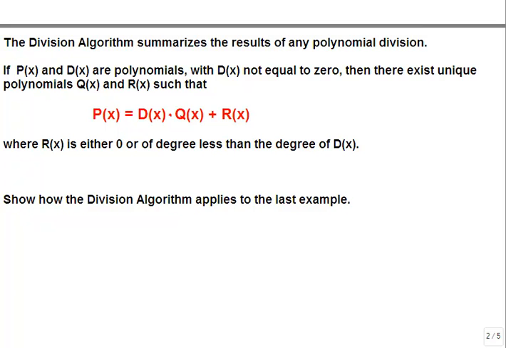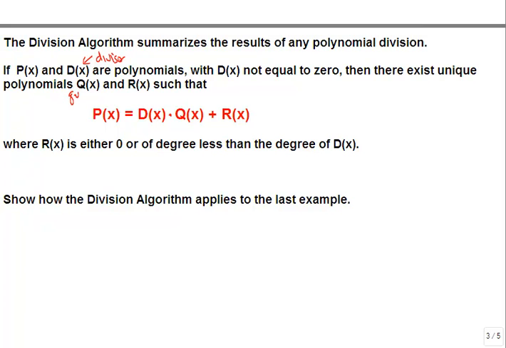So if p of x is your original polynomial, and d of x is going to be our divisor, with that divisor not equaling 0, then there have to exist unique polynomials q of x and r of x.